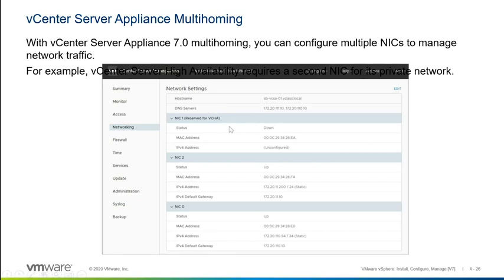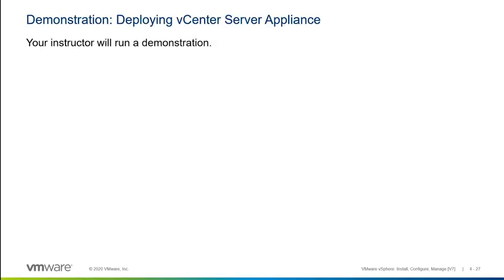Okay, and if I wanted to add another network adapter, I can just edit the settings of the virtual machine and add more network adapters, where I can assign it an IP address on whatever network I want. Okay, so I can add, I think, up to two extra networks to my vCenter.